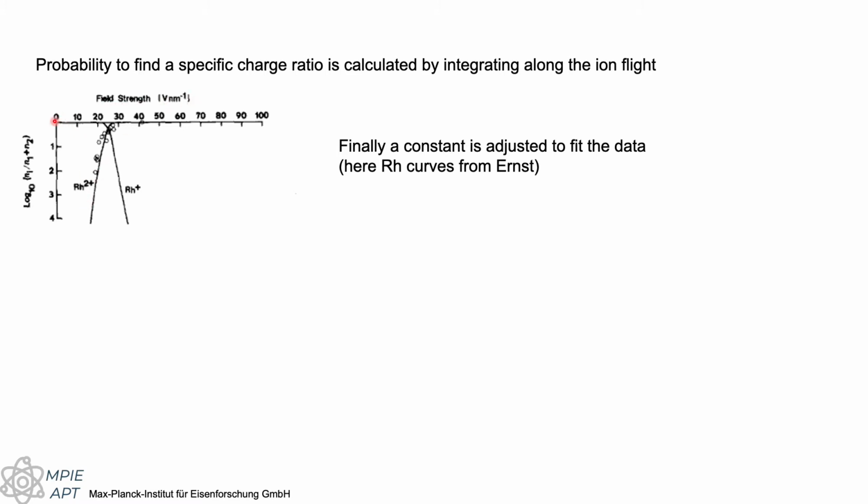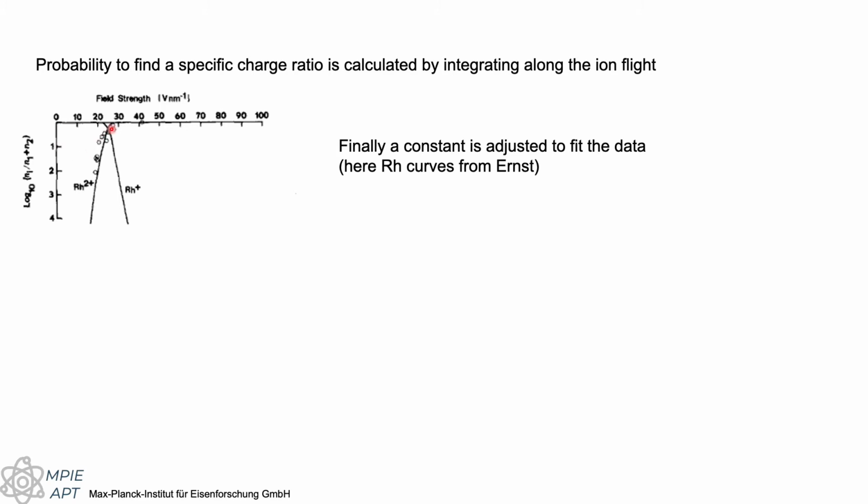What this means is that at low fields, you have mostly rhodium 1+, and as the field increases, you have more and more rhodium 2+. And the ratio between the two has to always be 1, so log of 0, right?